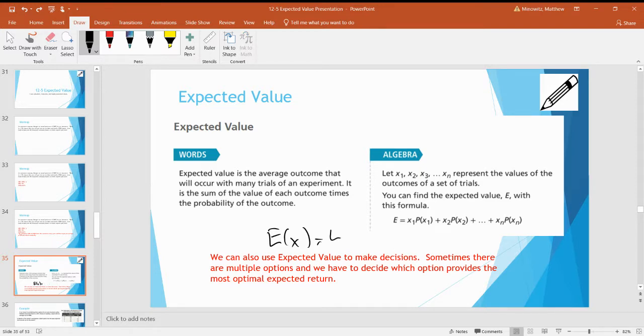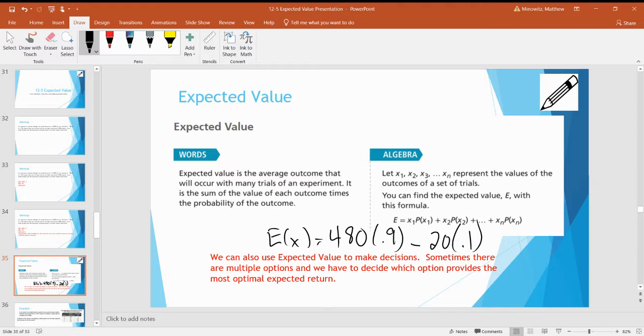They make $480 from 90% of their customers, because 90% of the customers they don't have problems with. And then they're actually going to lose money from 10% of their customers because the cost to fix is more. So this is how we could have used the expected value in that problem, and we use it to make decisions.